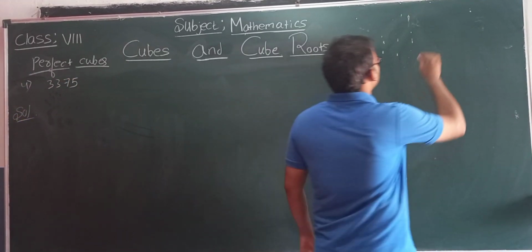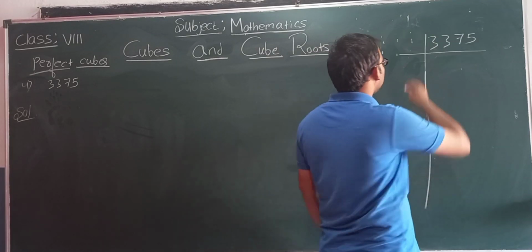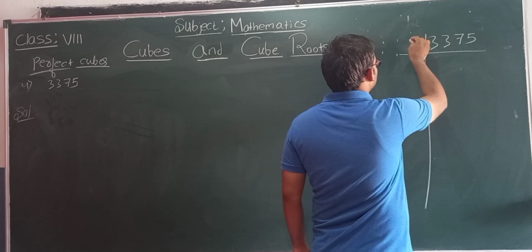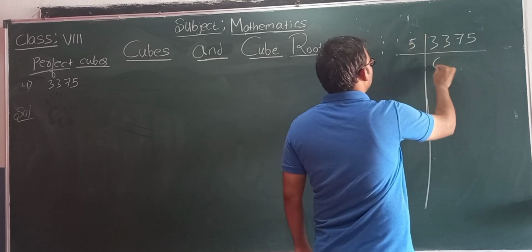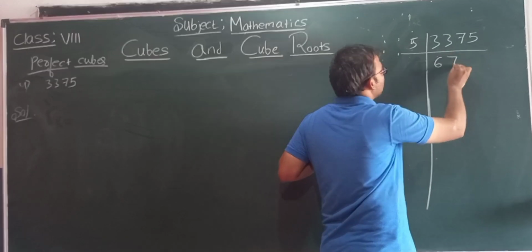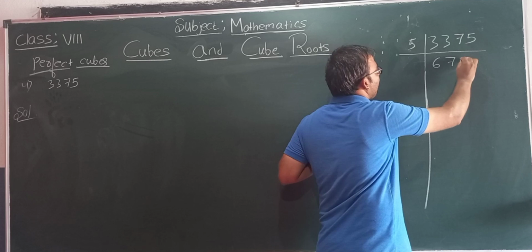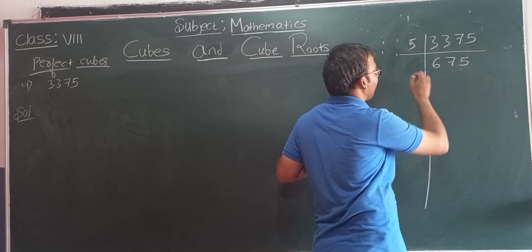So we'll factorize this one, students. Factorize means LCM. Last 5 is there, so we'll factorize first with 5. 5 6s are 30, 3 means it will become 37. 5 7s are 35, 2 remains, it will become 25. 5 5s are 25.